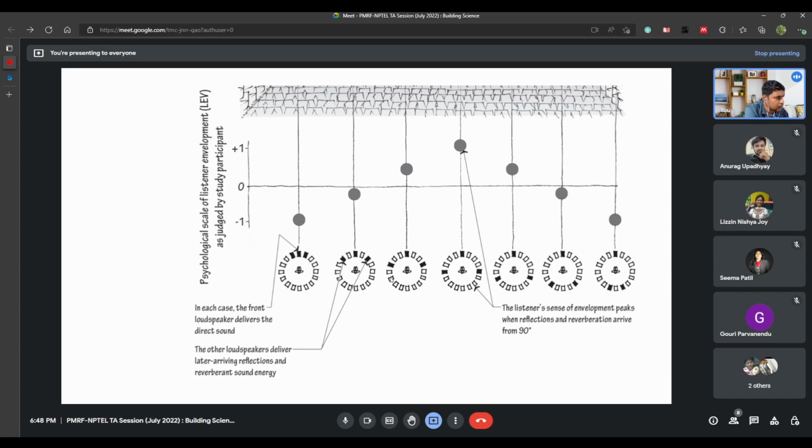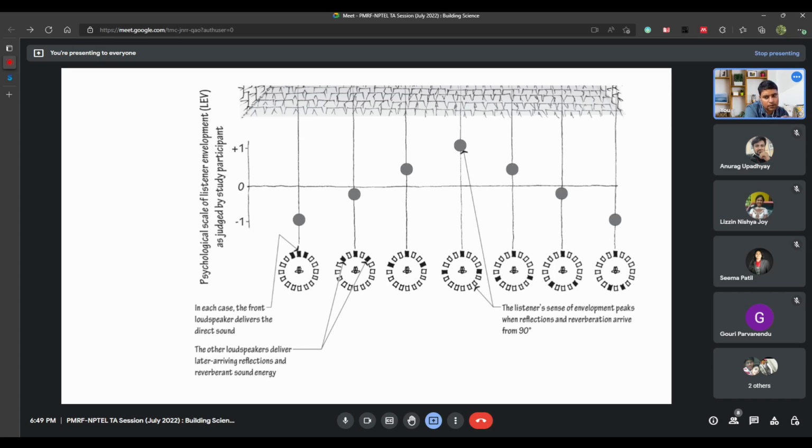Here you can see the total 360 degrees has been split into around 15 or 16 sectors, and the point sources were assigned at multiple different places and evaluated to find which configuration yields the highest listener envelopment, which is the measure.